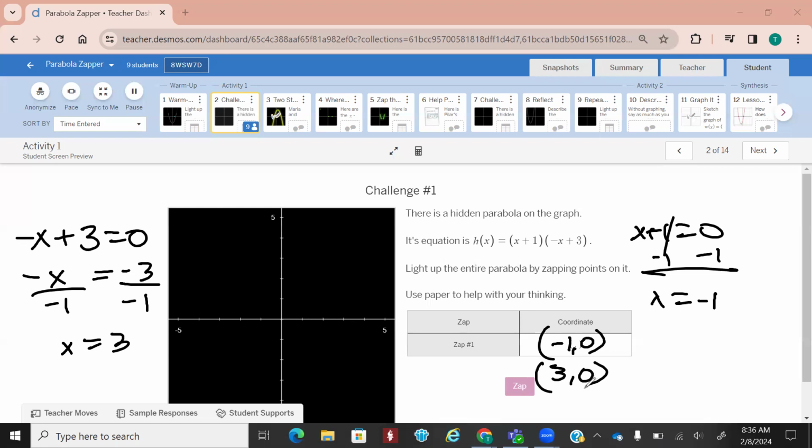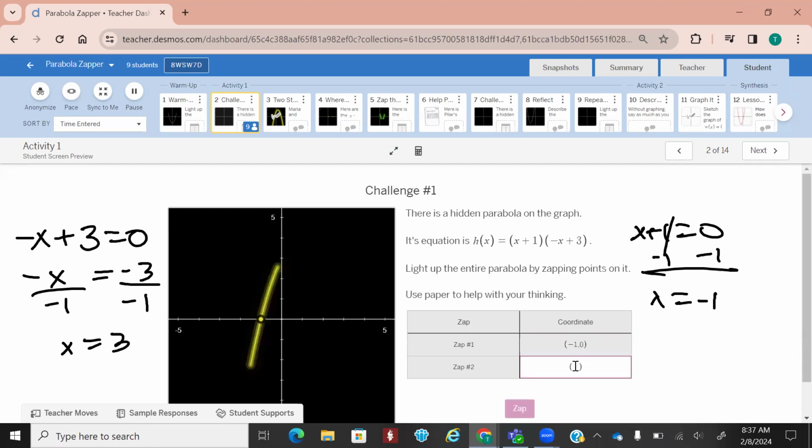Okay. Now, how would you find the y-intercept? So we got the x-intercept, but where's our y-intercept? So we got -1 comma 0. Okay. And we got 3 comma 0.